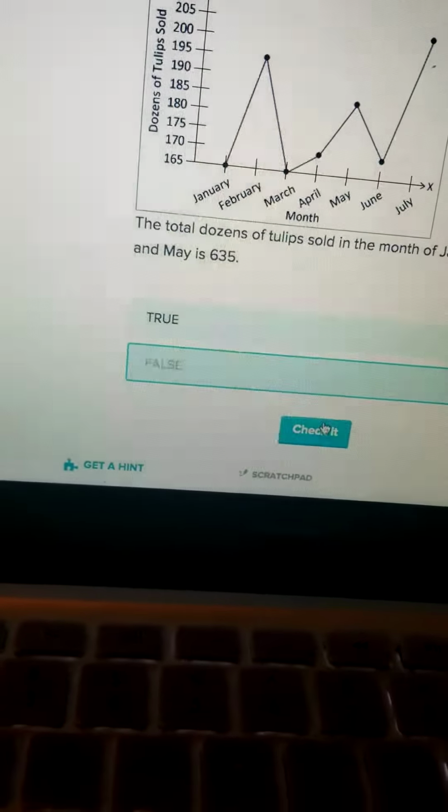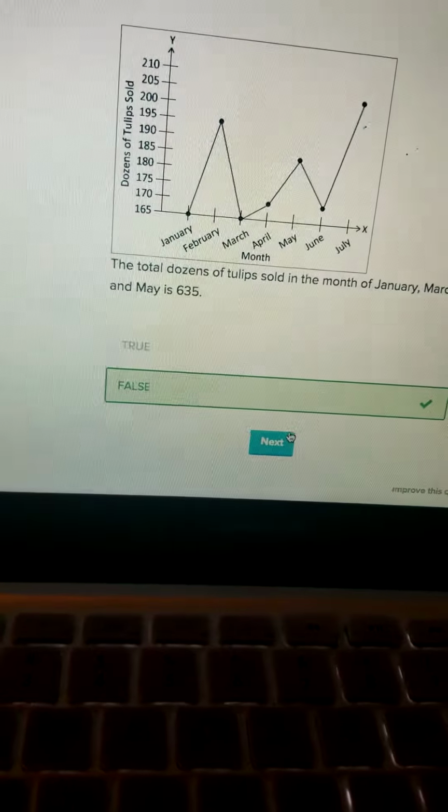Add those 3 suckers together. 165 times 2 plus 185, that would be 515. So that would be false. Okay.